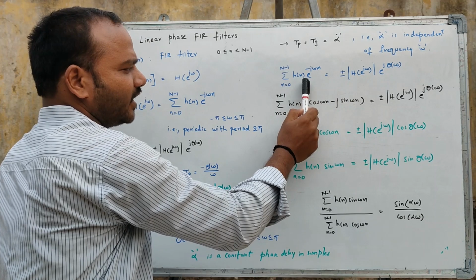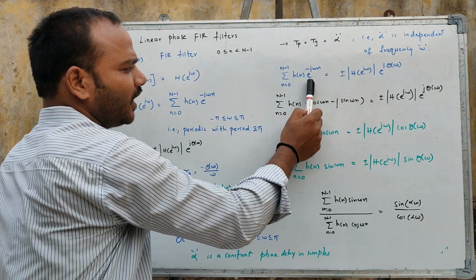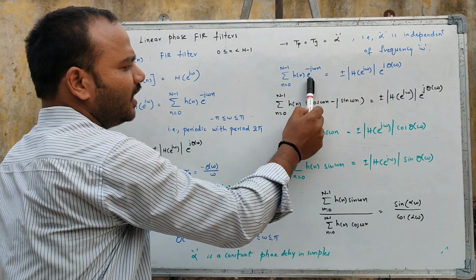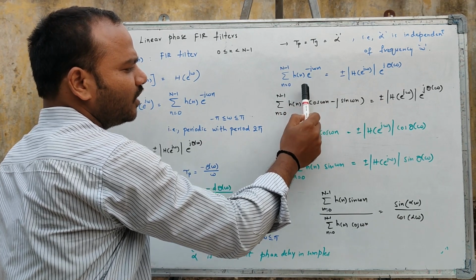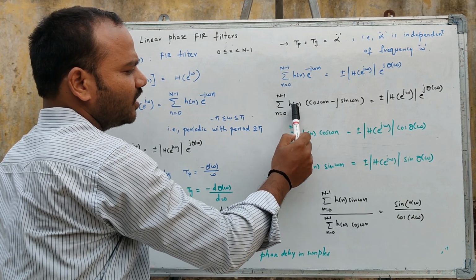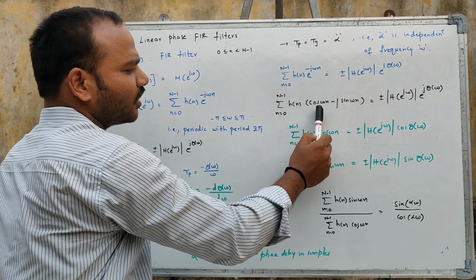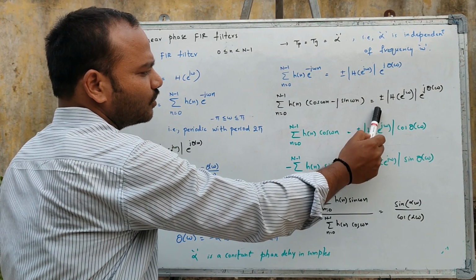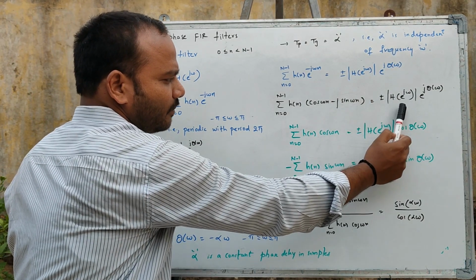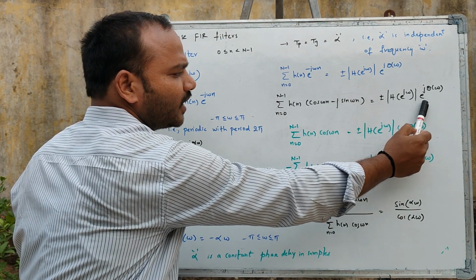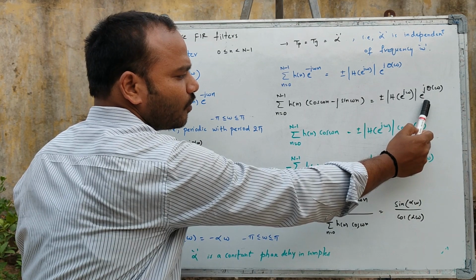Next, express e power minus j omega n as cos omega n minus j sin omega n, and if you expand this, you are going to get summation from n equal to 0 to N minus 1 of h of n times cos omega n minus j sin omega n, is equal to the magnitude and its phase, and you expand this phase as cos of theta of omega plus j sin theta of omega.